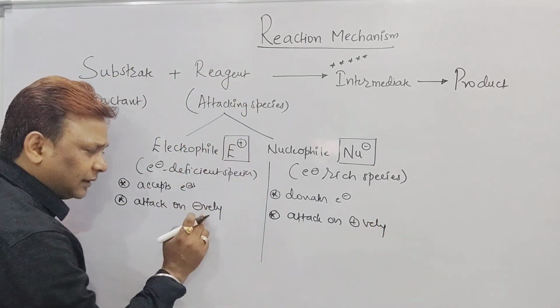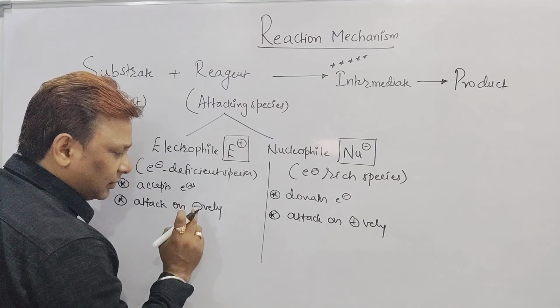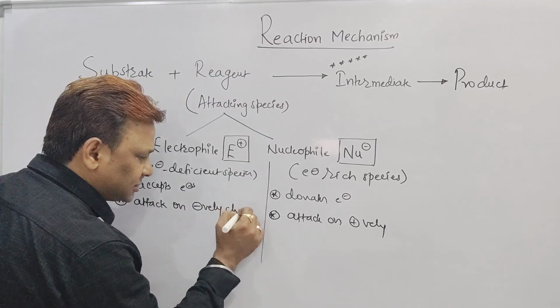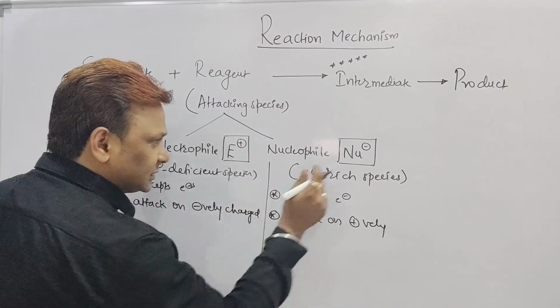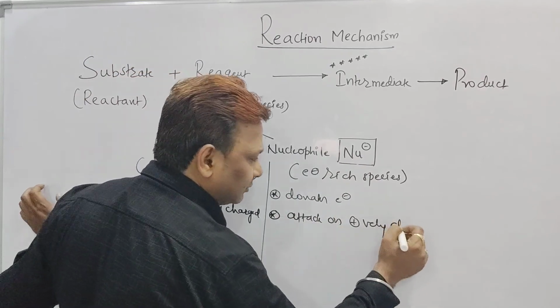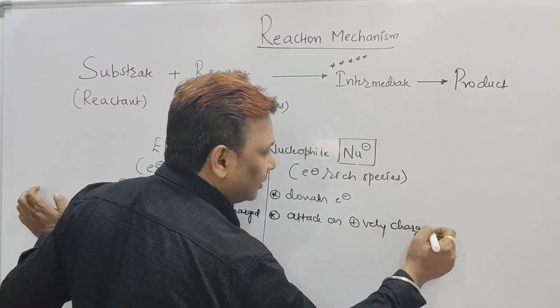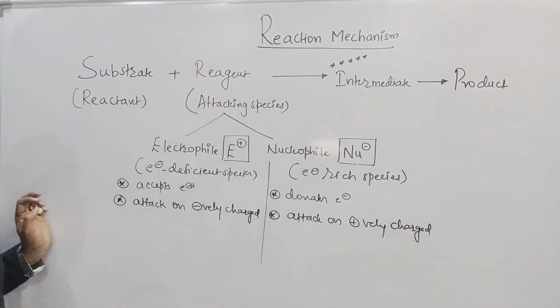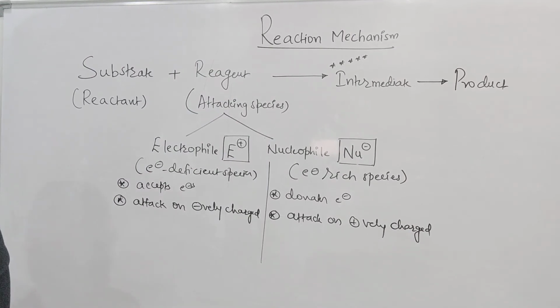Electrophile will attack on negatively charged species, and this nucleophile will attack on the positively charged species, that will attack on the positive part, right? That is the attacking of the nucleophile as well as the attacking of the electrophile.